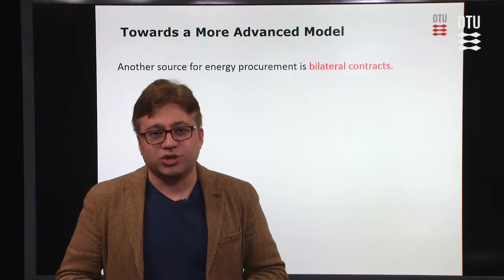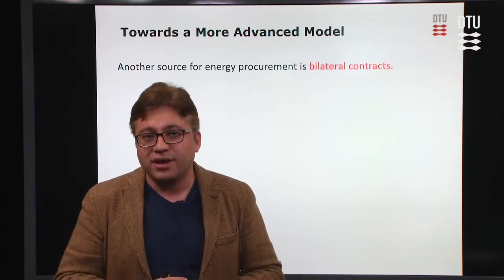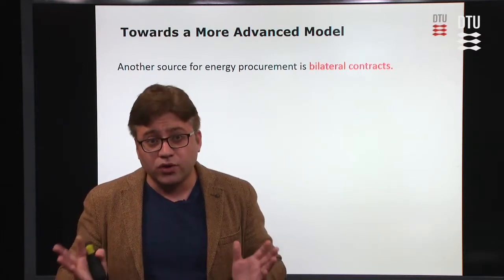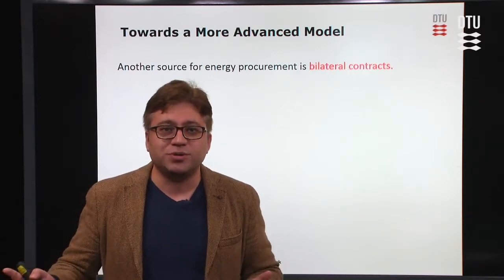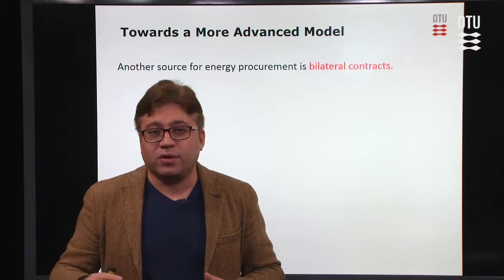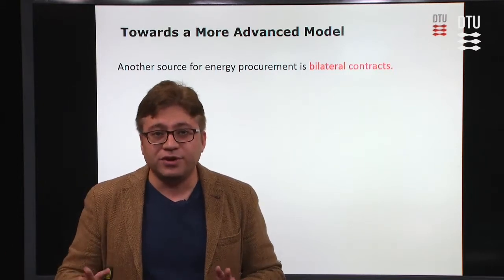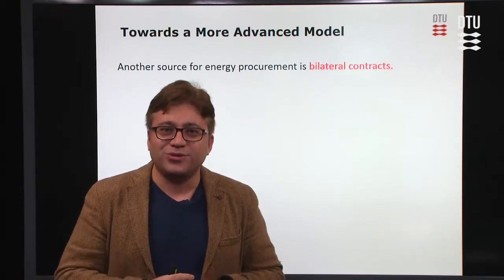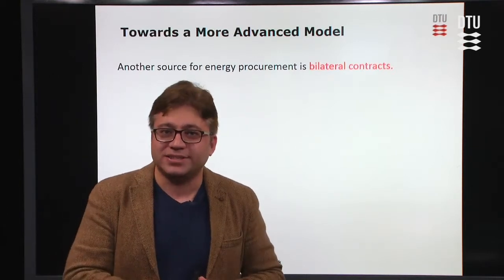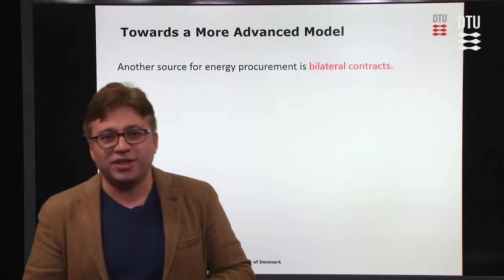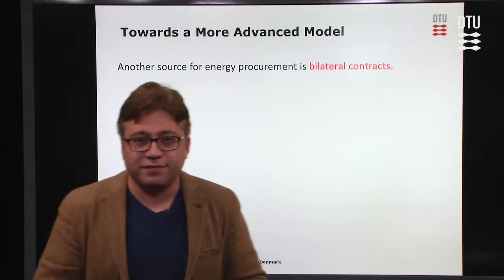But the other source is bilateral contracts. Of course, you can consider other sources like futures markets, intraday market, or real-time market, but here we just stick to the hourly day-ahead market and bilateral contracts. Okay, it's already complicated enough.